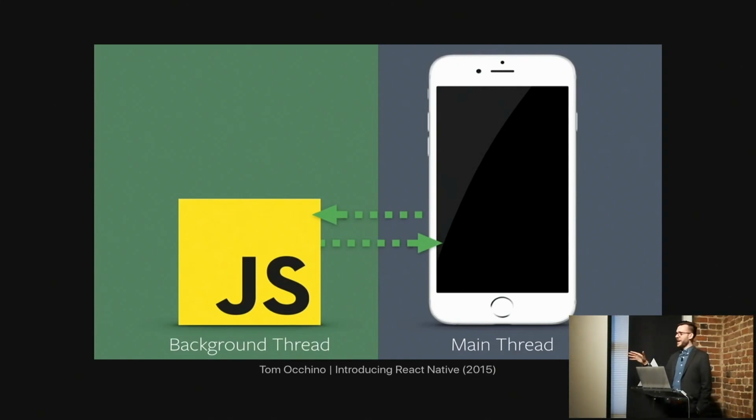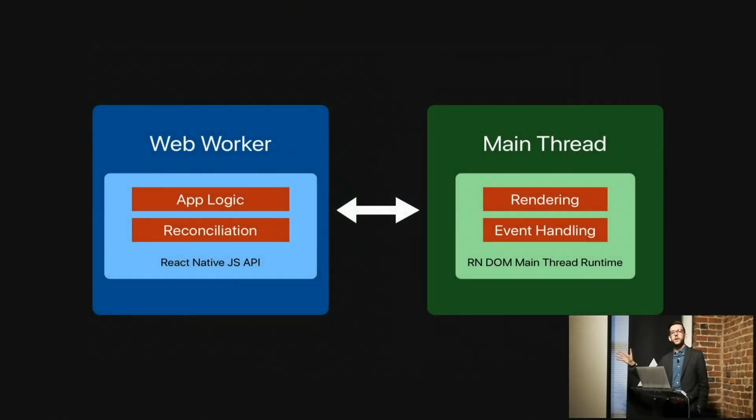You have the two threads, the JS background thread, which is where you're writing all your React Native code, and instead of calling a DOM API, it's sending a message to the main native thread, and the main native thread reads that and then actually does a native operation, and back and forth. And React Native DOM actually shares that exact same architecture, except it's in a web worker, and it treats the browser's main thread as the native main thread.